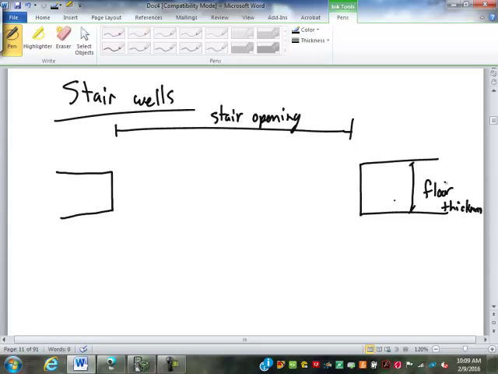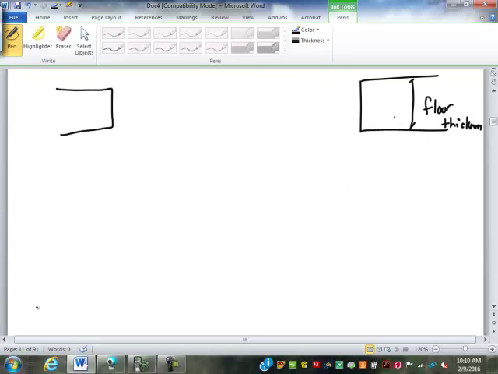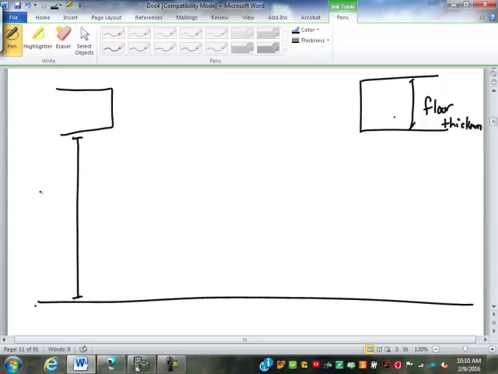When we say floor thickness, unless otherwise stated, we are going to assume that it includes the ceiling on the lower floor, any floor joists, any subfloor, and any finished floor. So it includes everything from airspace to airspace, basically. And then, of course, there will be a lower level ceiling height.